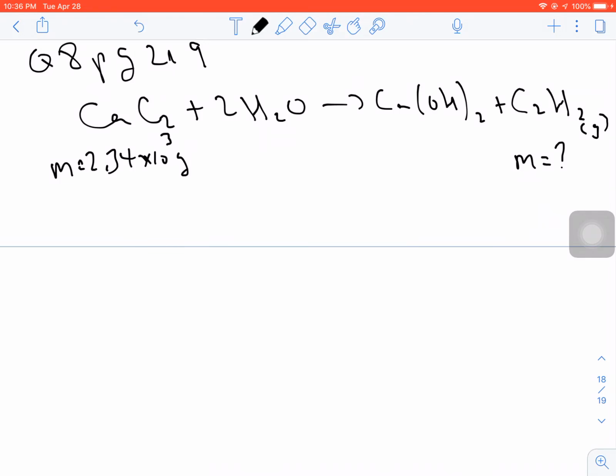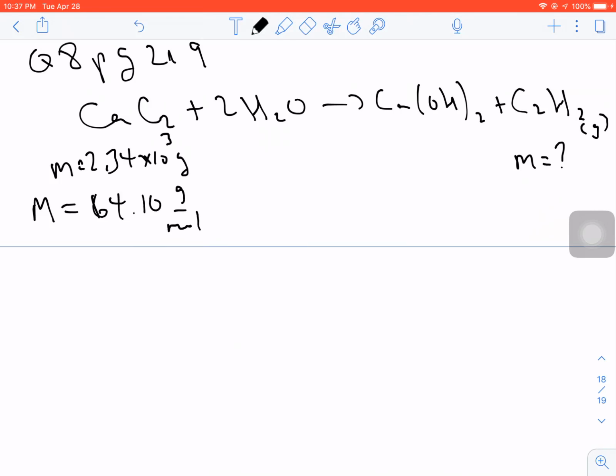Okay, so there's the question. Calcium carbide, CaC2, reacting with two waters to make calcium hydroxide plus acetylene, C2H2. Now, when I did the questions today, we started by calculating our molar mass. The molar mass is 1 calcium plus 2 carbons, so the molar mass is 64.10 grams per mole.